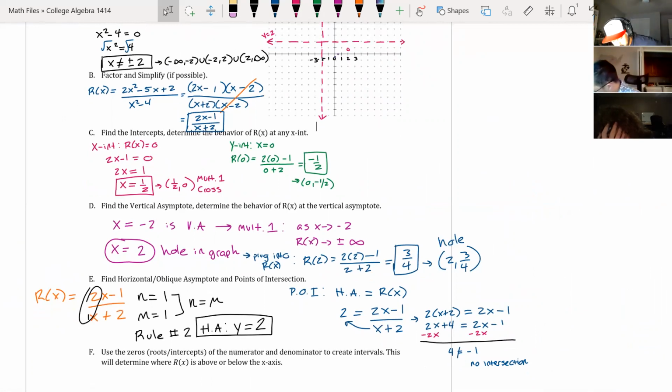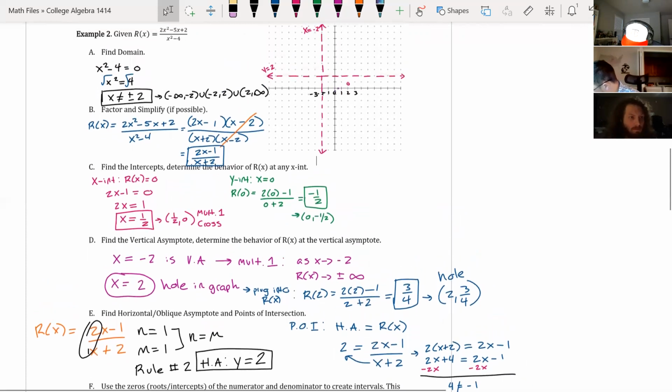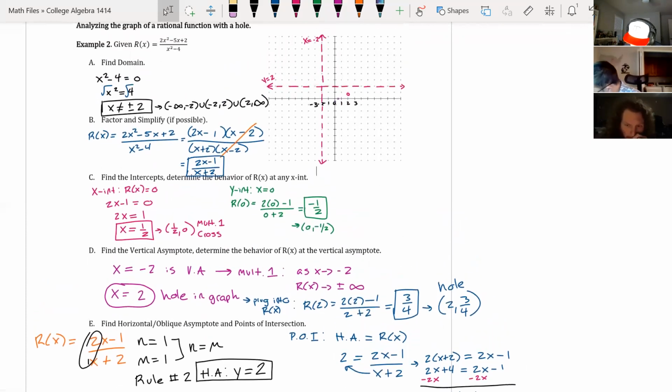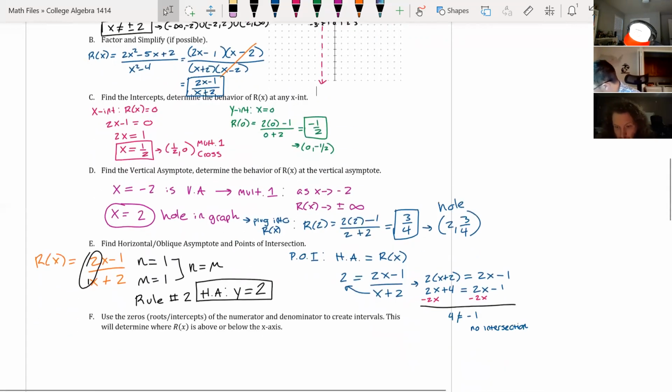We're going to plot all the x values we have found. All right, so we have -2, +2, and 1/2. Okay, -2, 1/2, and +2.